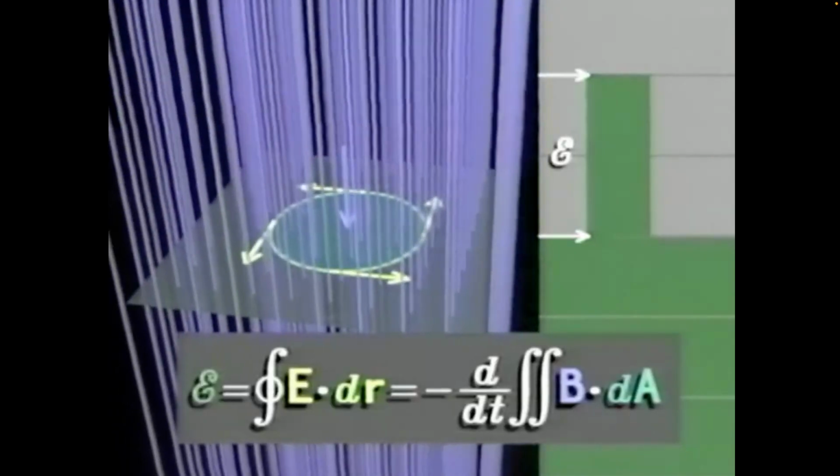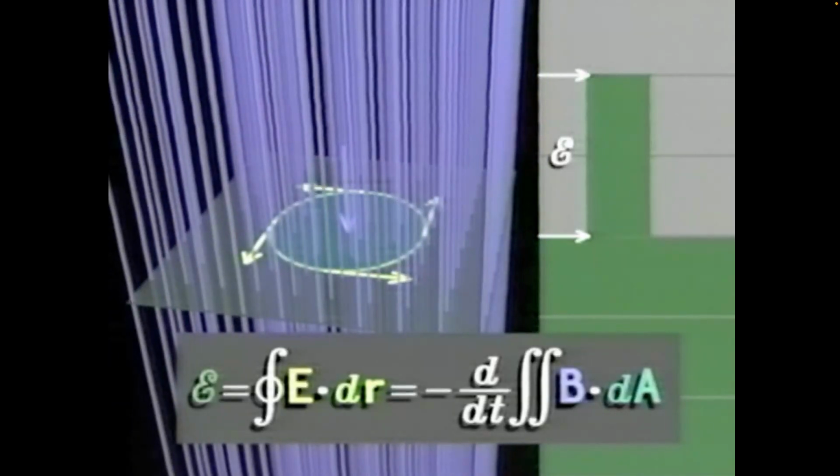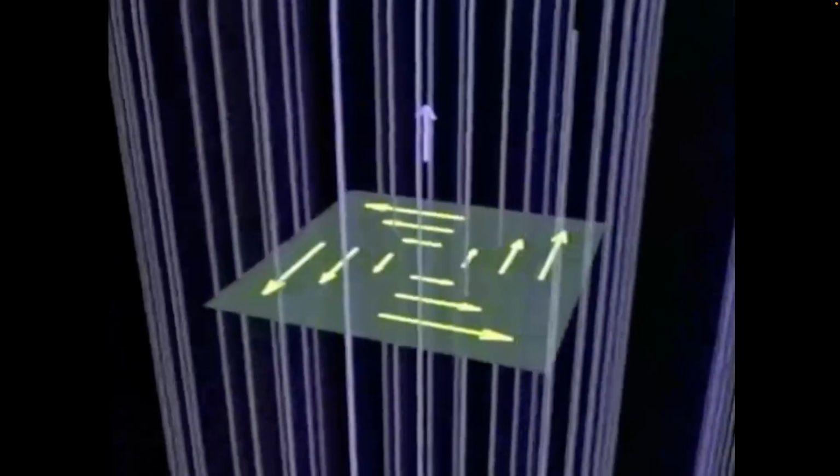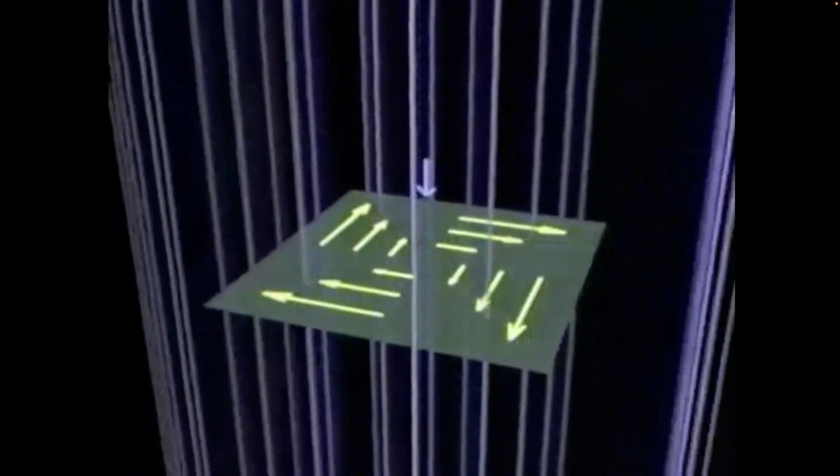In other words, there is a way to make electric fields circulate after all, and it's accomplished by changing the magnetic flux. Faraday discovered that a changing magnetic flux could make an electric field circulate, he added something extraordinary to the laws of electricity and magnetism.